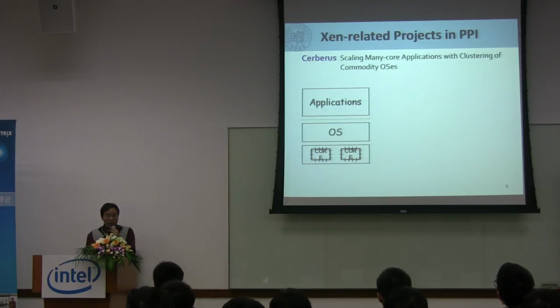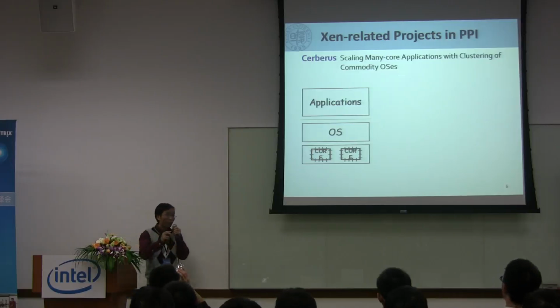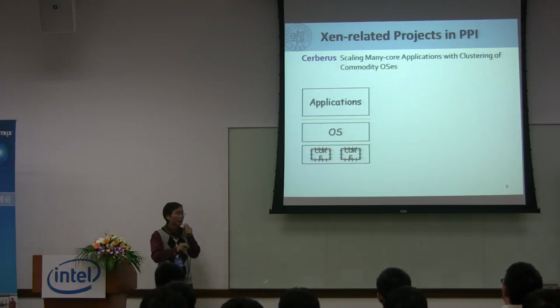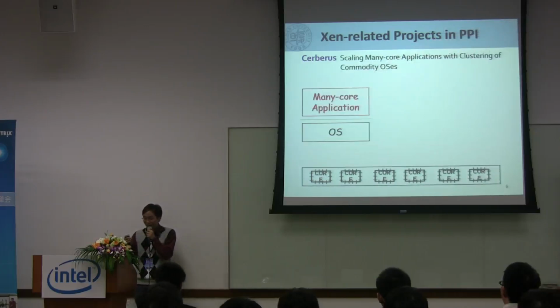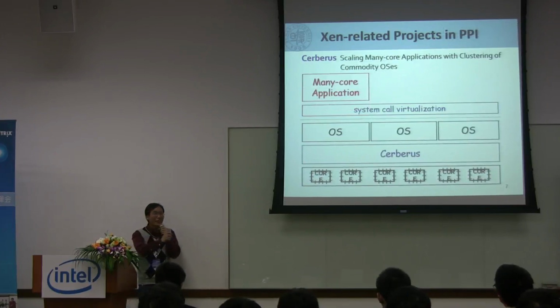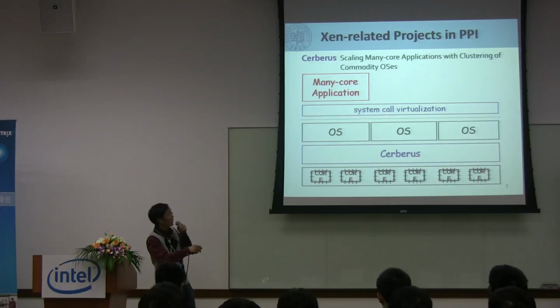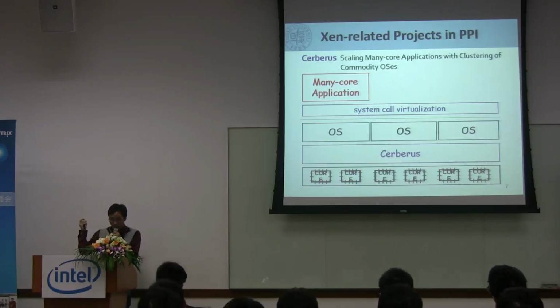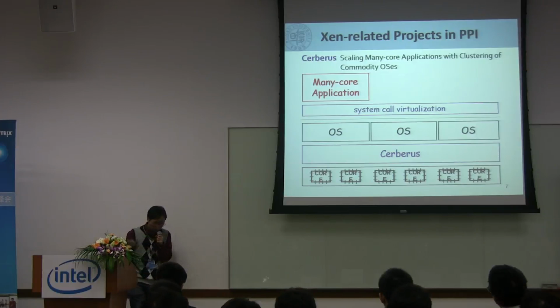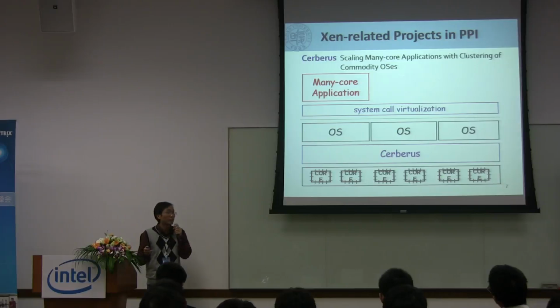Instead of optimizing the shadow model of Xen, our first approach was to use multiple operating systems to run one single application and provide a system call virtualization layer to enable multiple operating systems to support one application. By this means, the scalability problem of Xen can be greatly mitigated.